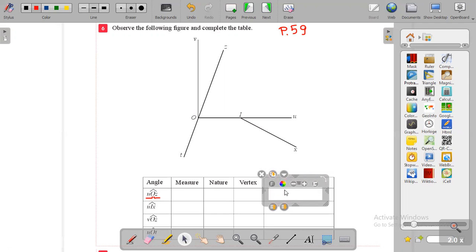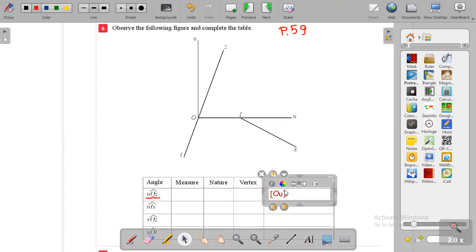We put a bracket. O, capital O, because it is a point, a vertex. Small u, parenthesis, because we know that the arms are semi-straight lines.